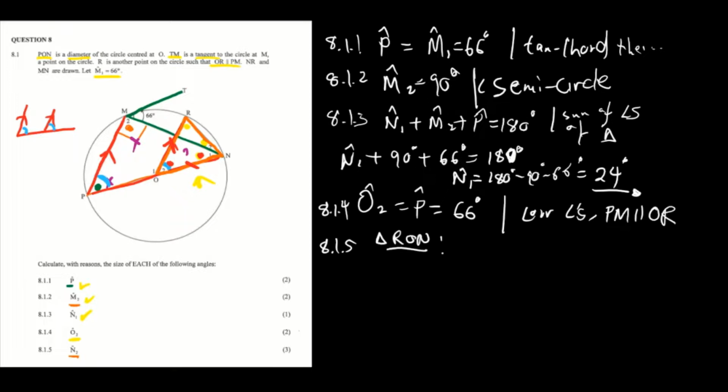These are equal radii. That's the first thing you need to note: OR is equal to ON, and the reason for this is equal radii.